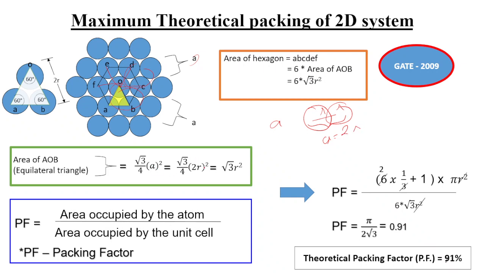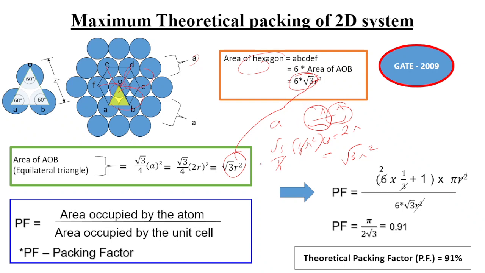Instead of a we have 2r, so 2r square. When we square this, we get root 3 by 4 times 4r square. The 4 and 4 get cancelled, and remaining you have root 3 r square. We substitute this over here, and the area of the hexagon is 6 into root 3 r square.